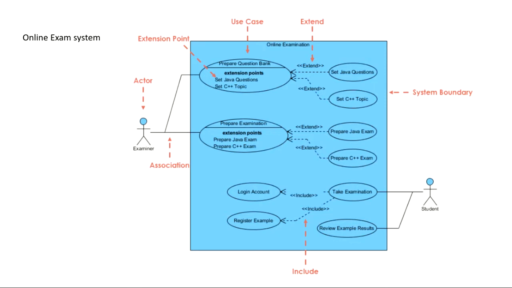Primary examiner, secondary student. The examiner is primary because he is making up the question bank. Student primary, teacher secondary. Okay, just think in this way. Is there any use case? Who is a primary actor? Who initiates a use case? Right?